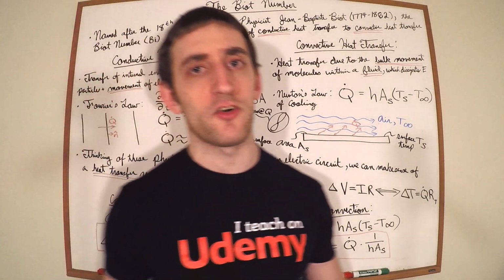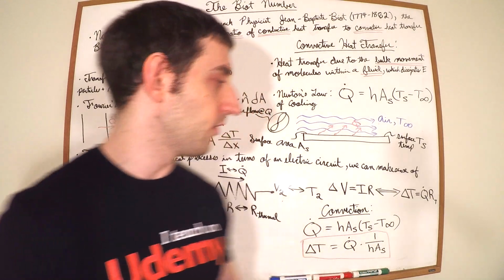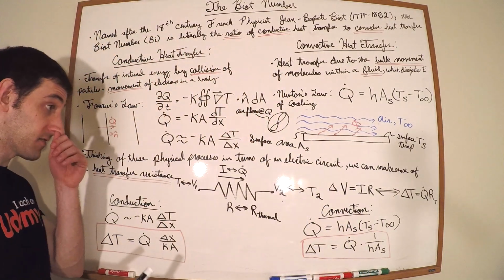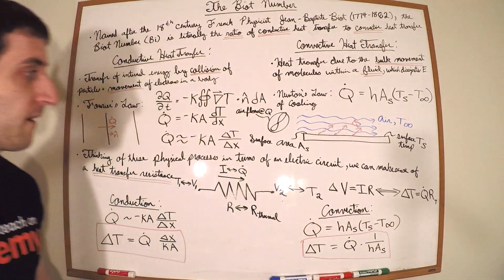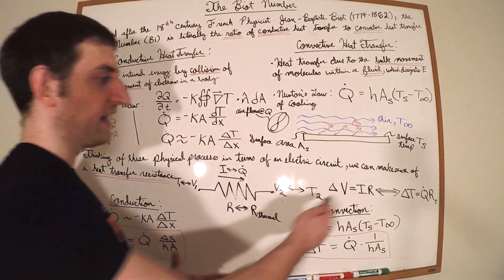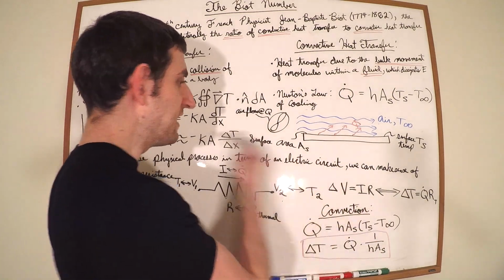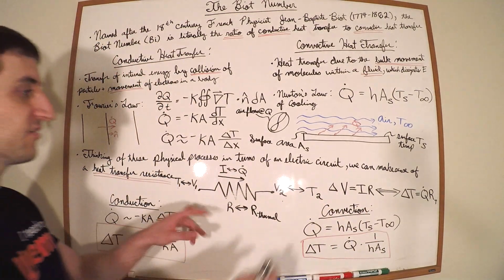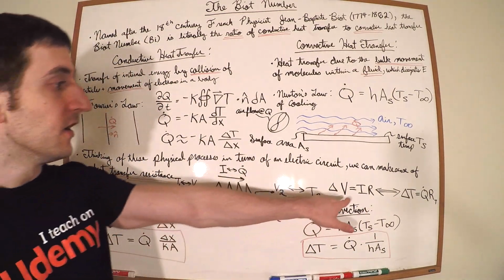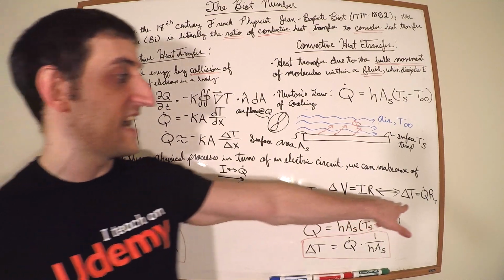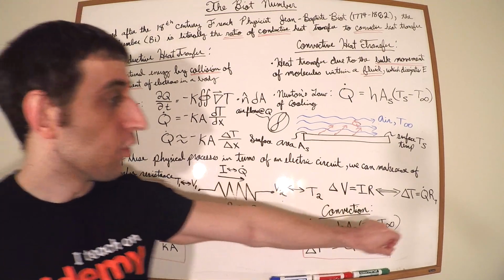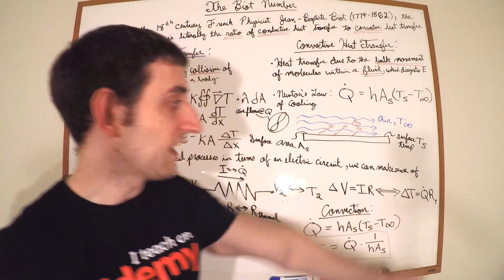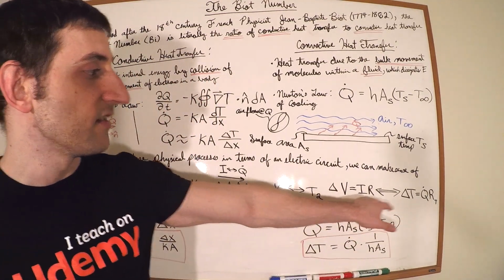What about the mathematical linear relationship? So we know with electric circuits that we can say V is equal to IR. Can we get that kind of relationship here with heat transfer? Well, sure we can. We can just substitute out what we just got here. So a change in potential or a change in temperature is going to give us a flow of electrons or a flow of energy, Q dot, times the resistance.